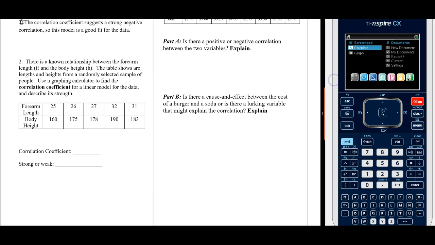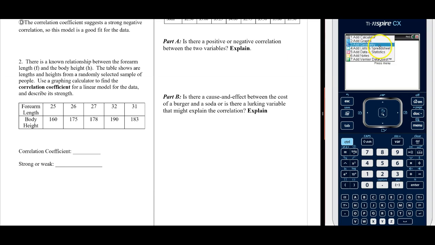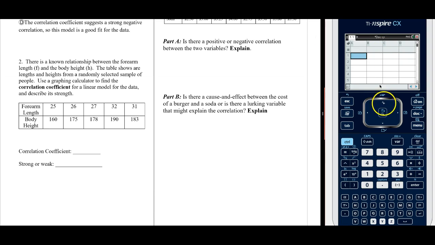So we're going to do new document, lists and spreadsheet, name it arm, name the other one height, go down to cell 1: 25, 26, 27, 32, 31.